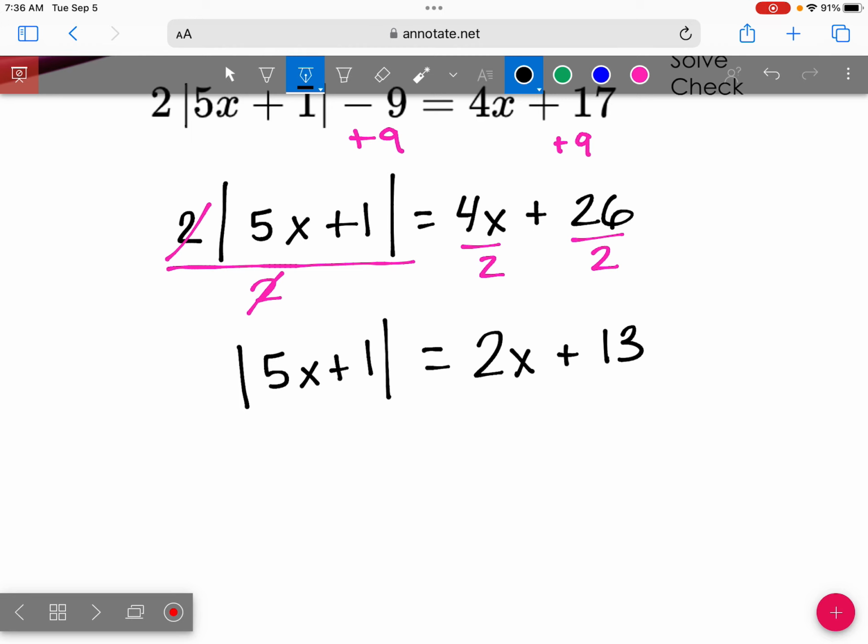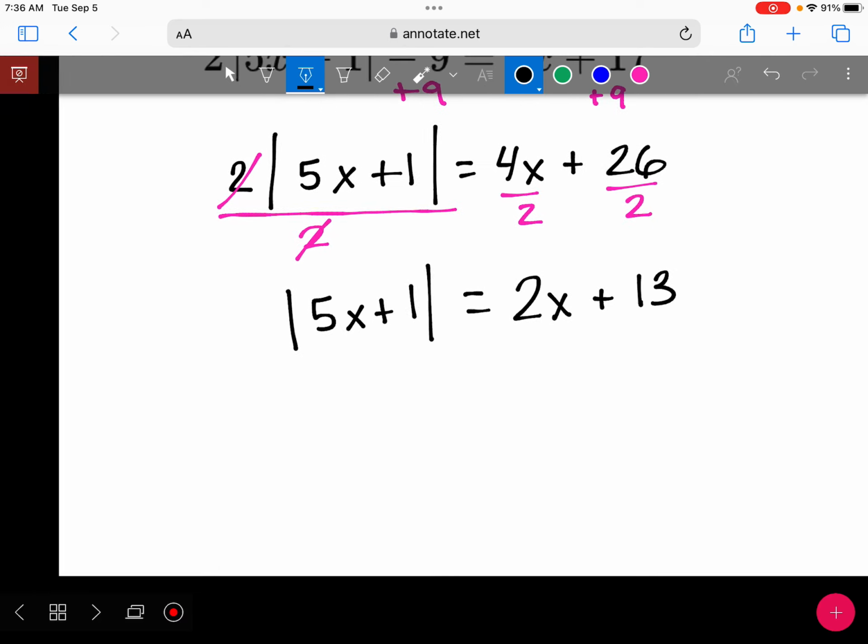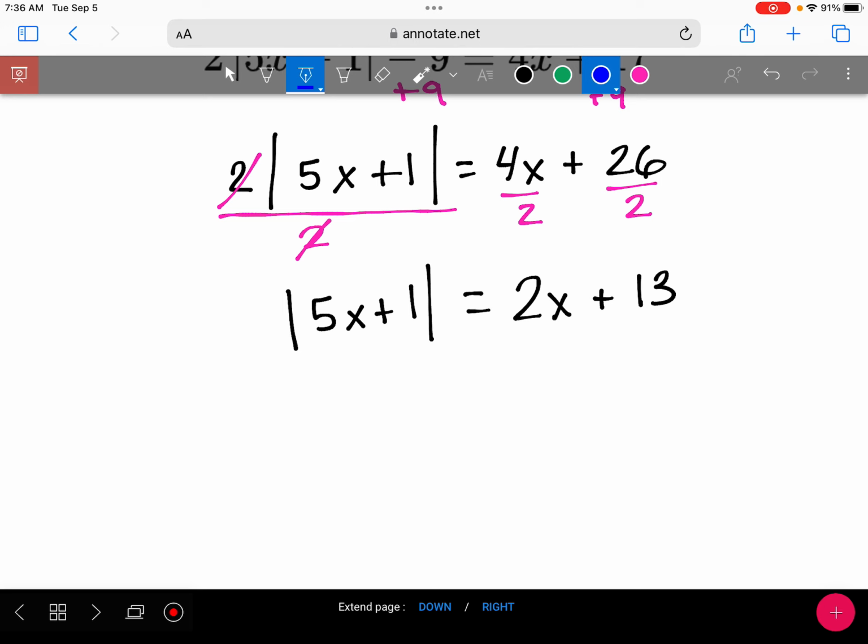Isolating the absolute value. Now we are into our split. It could be that the absolute value bar is not doing a dang thing and 5x plus 1 just equals this guy over here. That's option 1. Could be that 5x plus 1 straight up equals 2x plus 13.